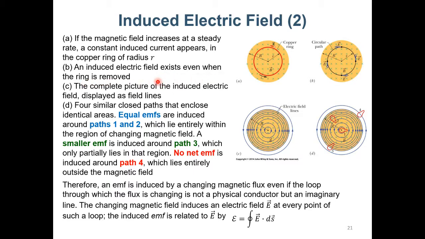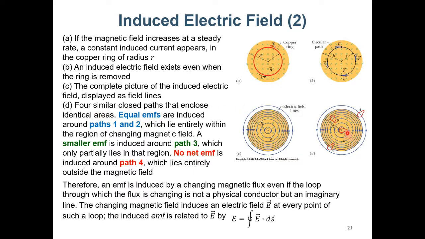Even when the ring is removed, which means even if there is not an explicit ring, there will be an electric field there. And the complete picture of the induced E field is displayed with the field lines. I just mentioned it in the previous slide.